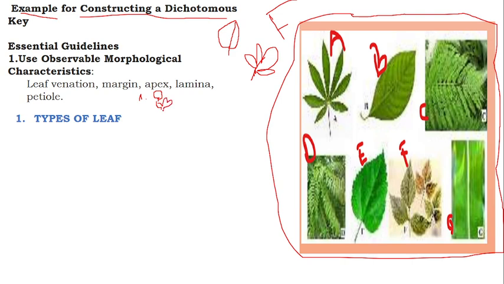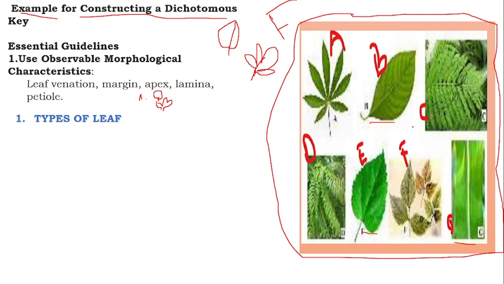Okay, statement number one. So I hope you are understanding. If you are seeing very well, this one is a compound rift, this one is a compound rift, and even this one is a compound rift, because there is only one lamina around the main vein.